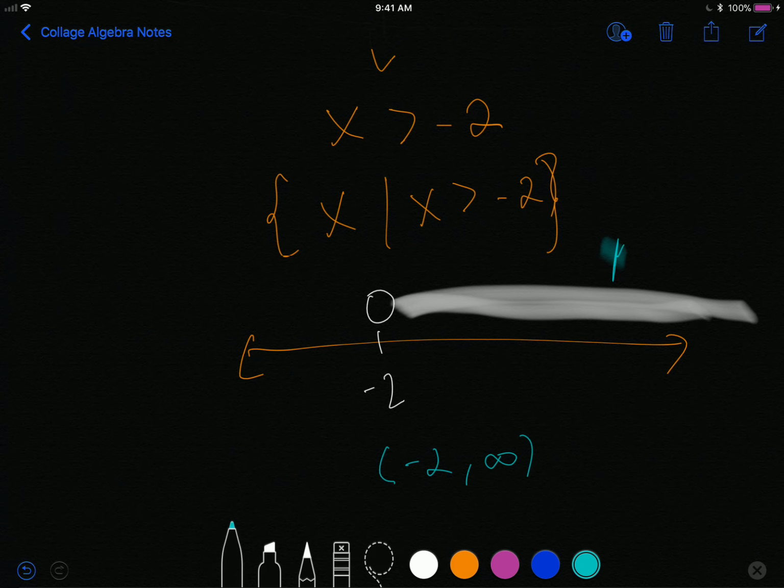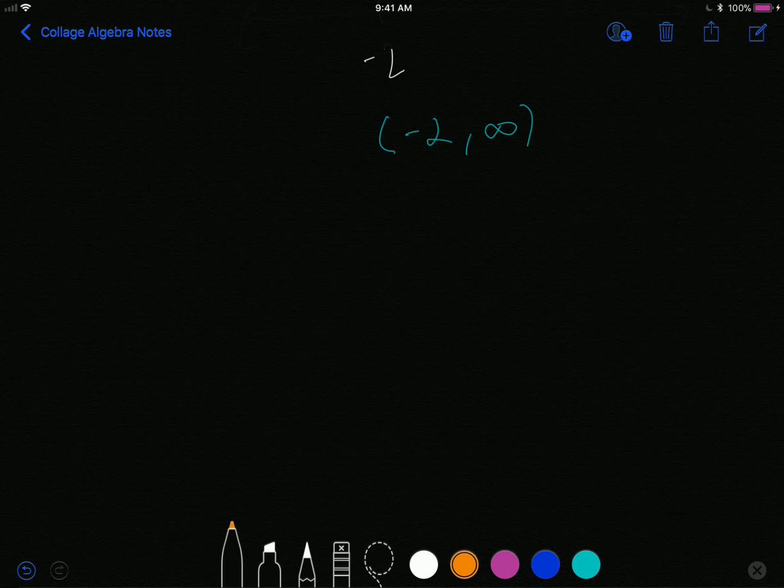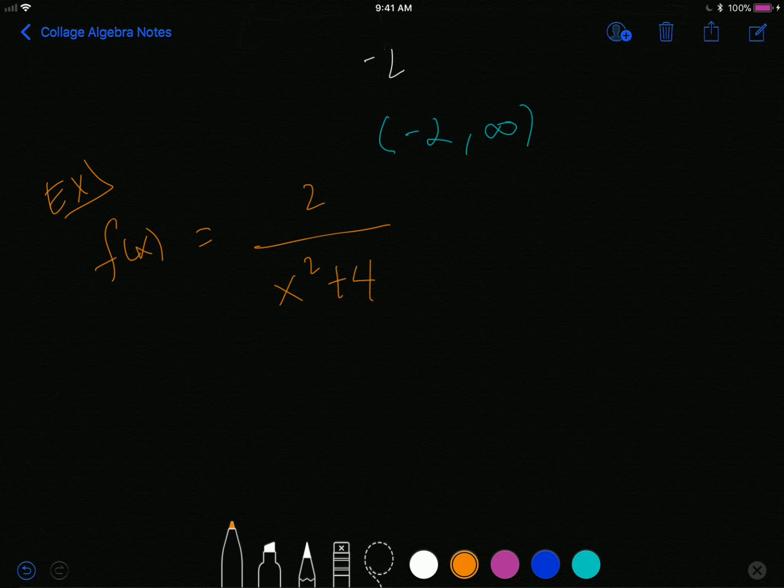The next interesting one, and maybe one of the hardest ones to get, is when you have a fraction, 2 divided by x squared plus 4, but the denominator doesn't factor. What do I mean? Well, the denominator gives us something that's strange or different.